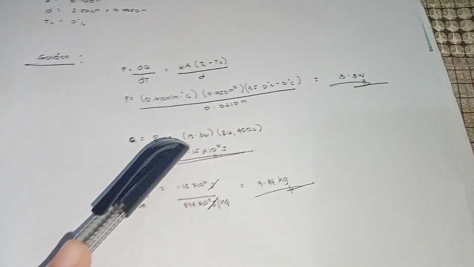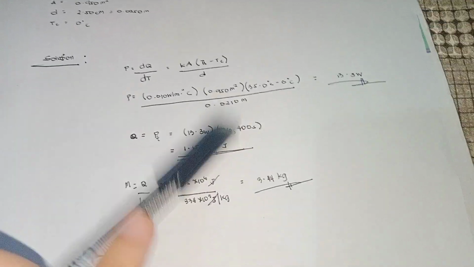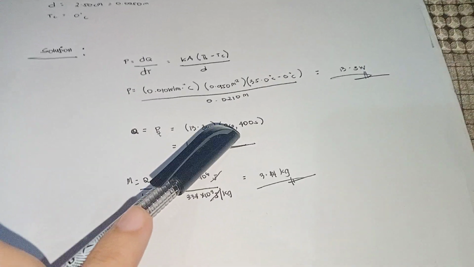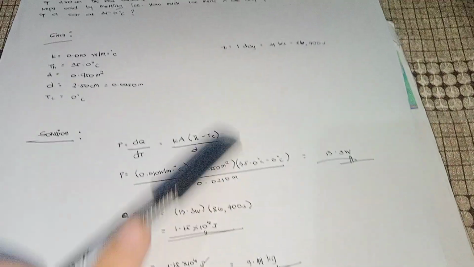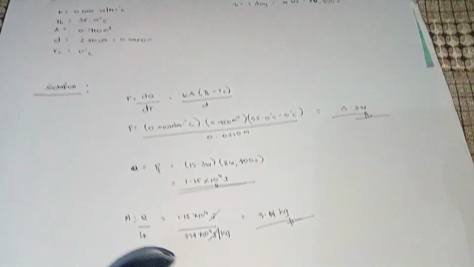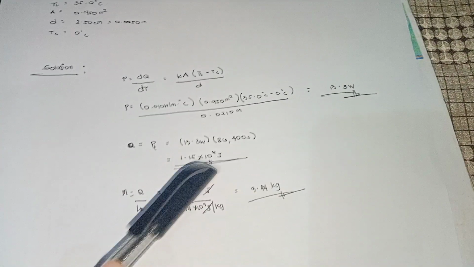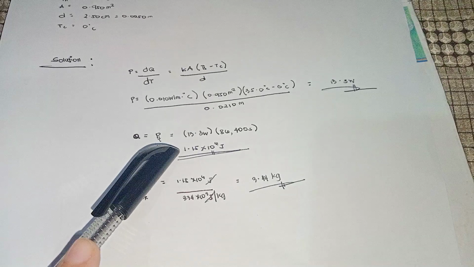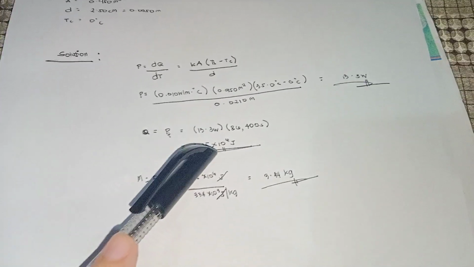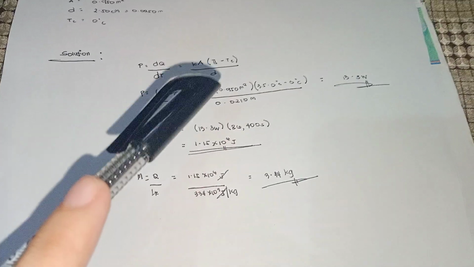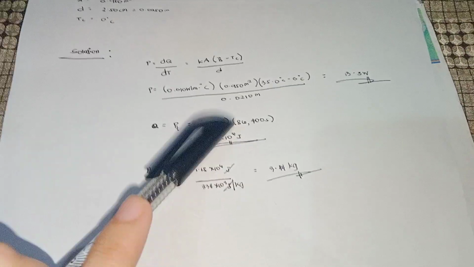So, copy, and 86,400 seconds, which is our time. And then we also substitute it, and we arrive at an answer of 1.15 times 10 to the power of positive 6 joules.